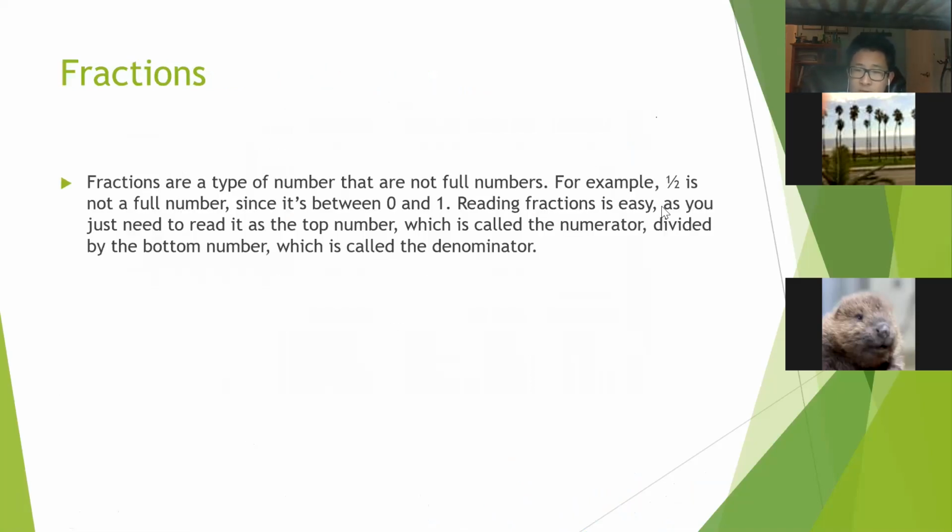So now we're learning about fractions. Fractions are a type of number that are not full numbers. 1/2 is not a full number since it's between 0 and 1. Reading fractions is easy because you just need to read it as the top number, called the numerator, divided by the bottom number, which is the denominator. So I'm going to draw a fraction here. Let's say 3/4.